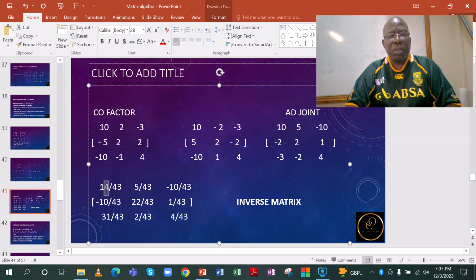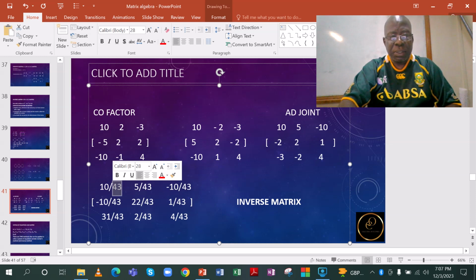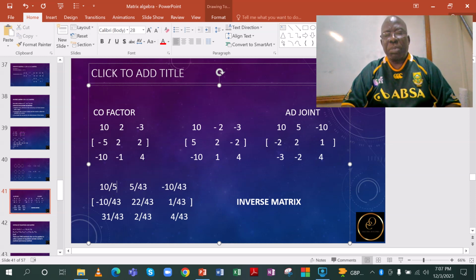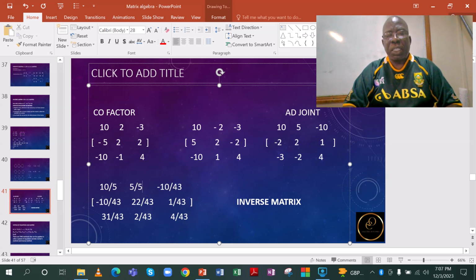So this one will be 10 divided by 5. That's what we found, 5. Then this one will be 5 divided by 5. Then this one will be 10 divided by 5.